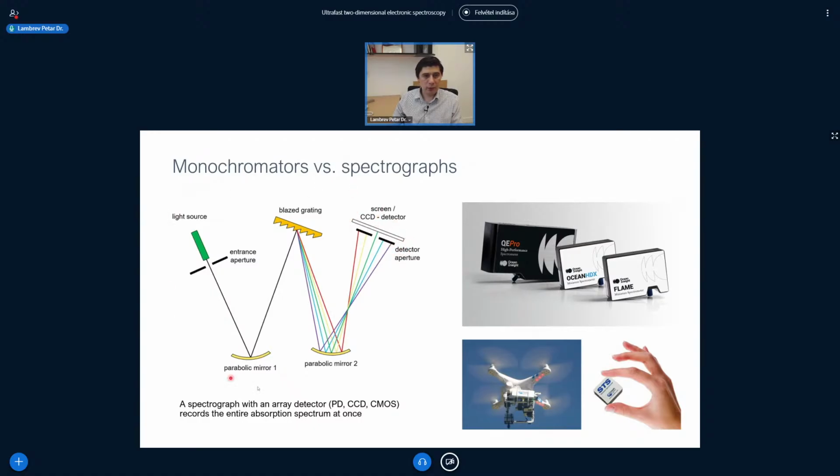And then we have not a monochromator, but a spectrograph. And this is very useful because in this way we can measure the entire spectrum at once. And also, one can make very small miniature spectrometers that are now very widely available. You can put them on a drone and do great things with them.